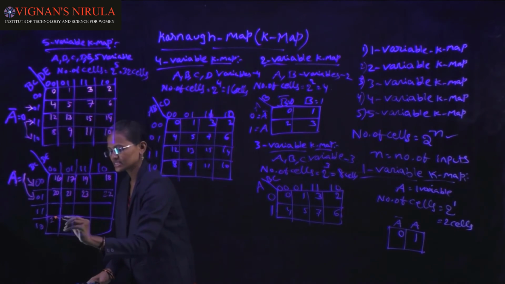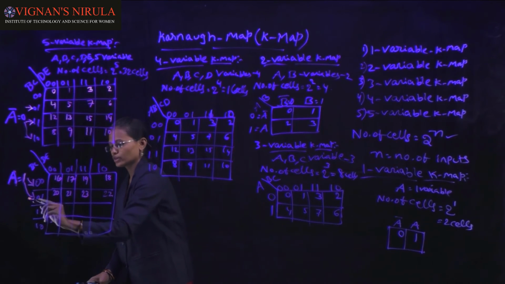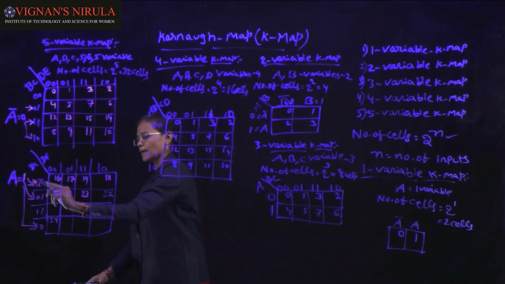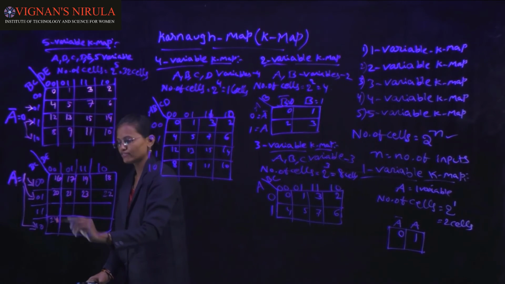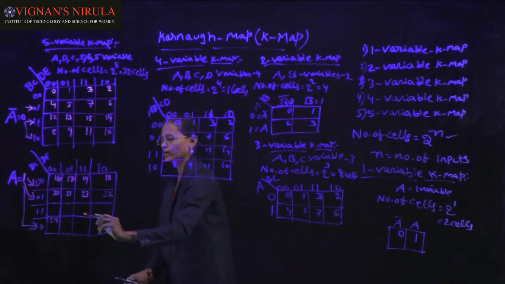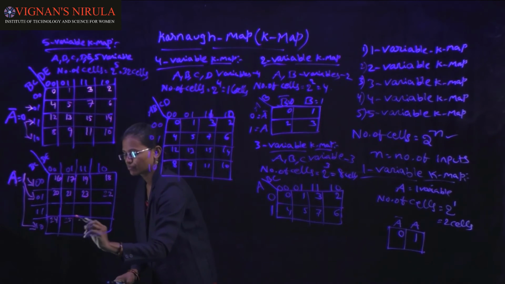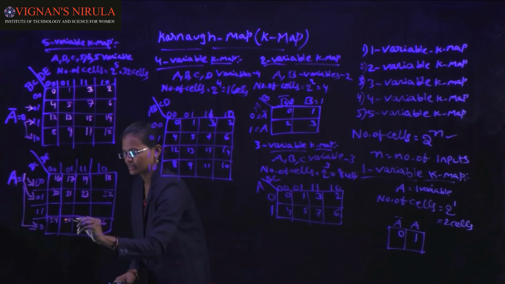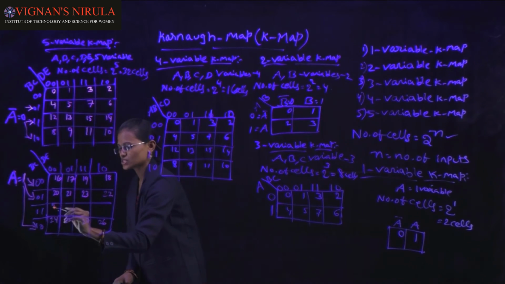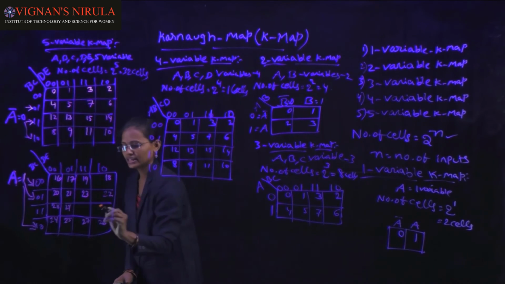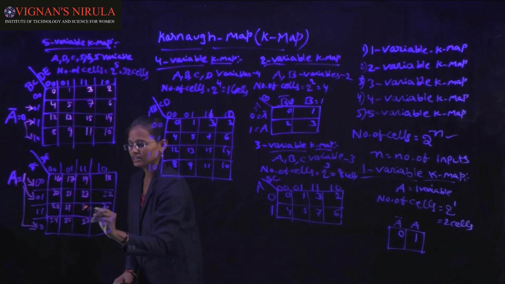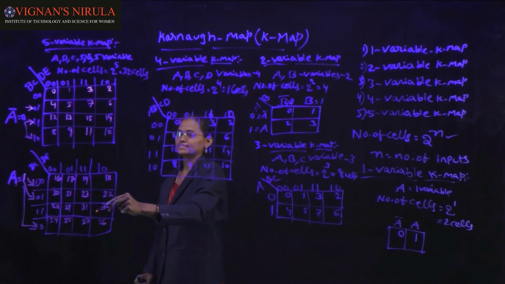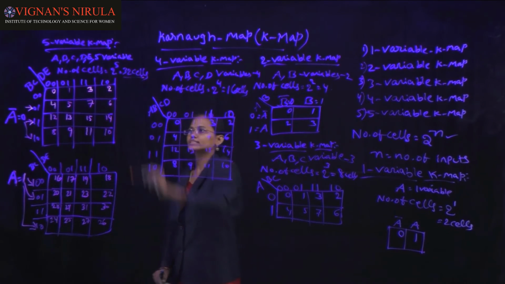And next one, this is 24. We consider 1 1 0 0 0 is 24. 1 1 0 0 1 is 25. This is 26. And this is 27. And this is 28, 29, 30 and 31. Okay, 0 to 31 cells, that is 32 cells.